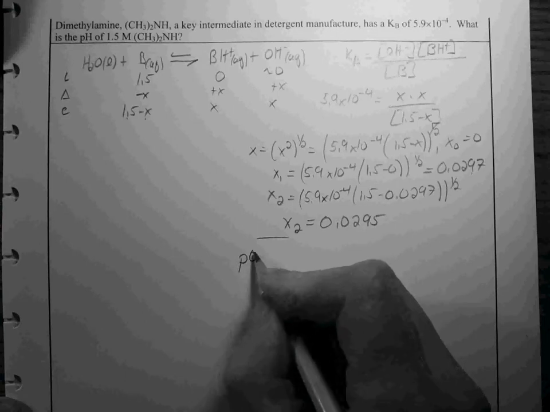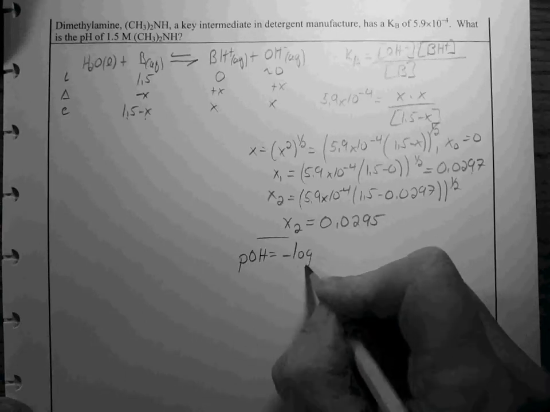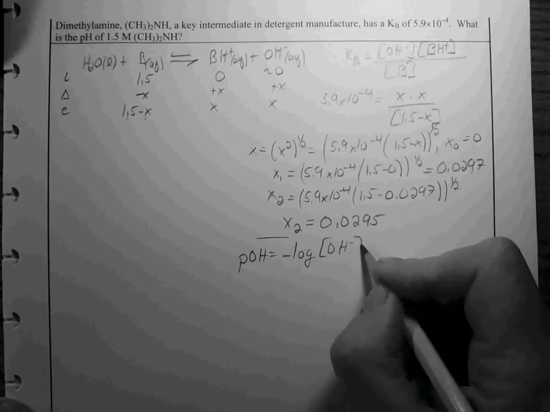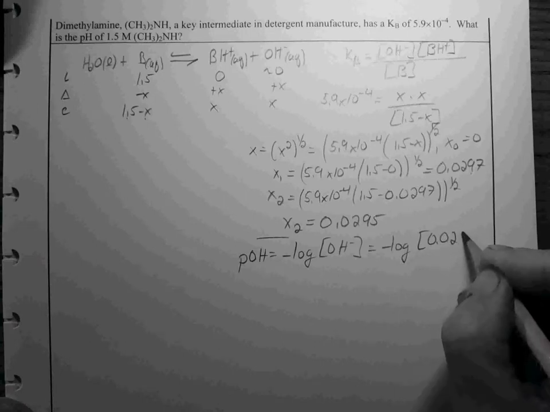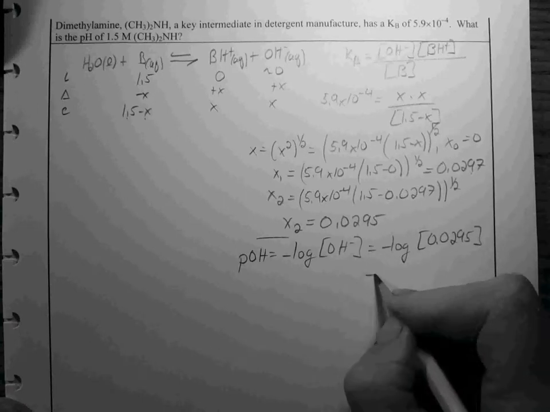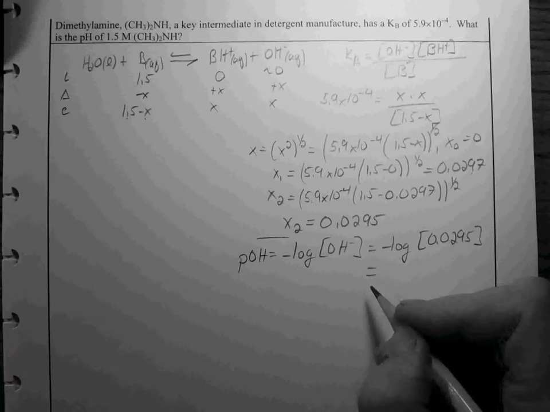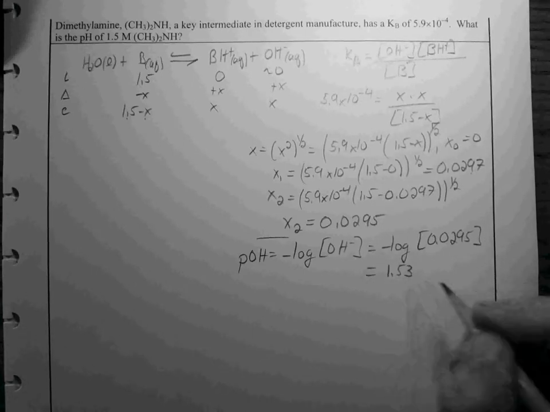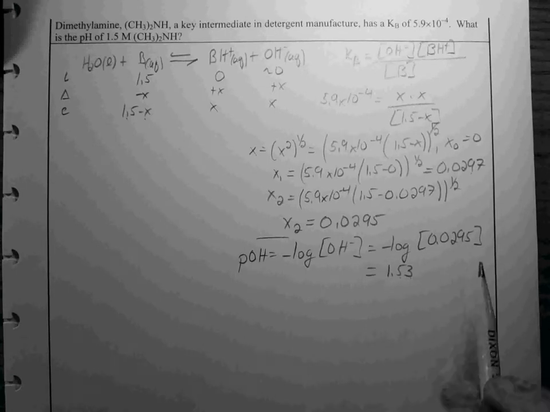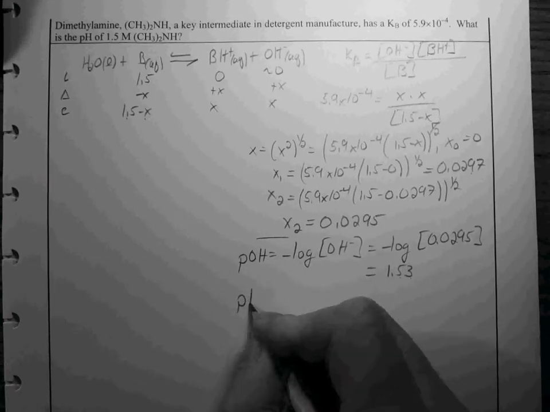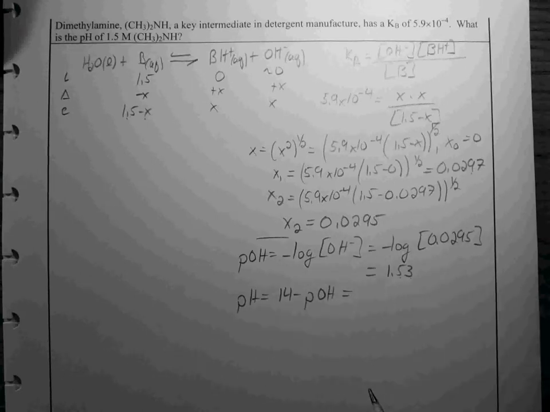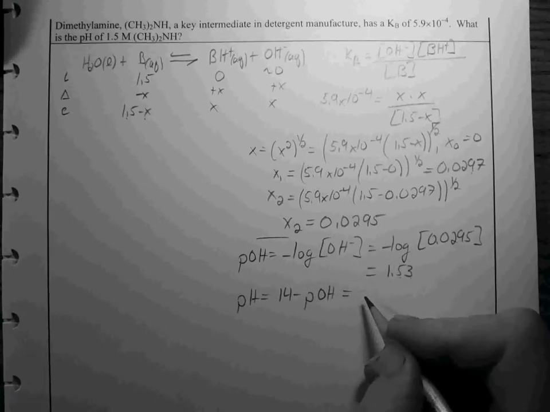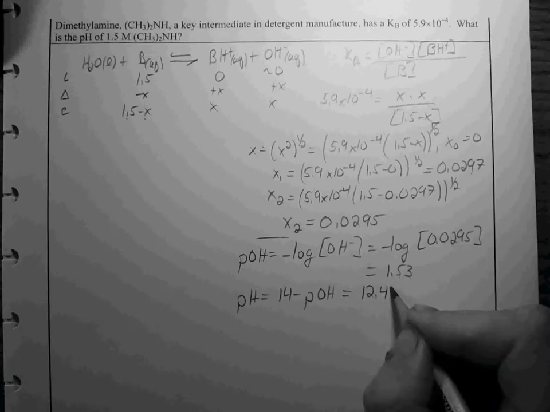I prefer to solve for pOH as our negative log of hydroxide ion, and we get our value of 1.53, 2 decimal places since we have 2 significant figures in our problem, and pH is thus 14 minus pOH since we're at 25 degrees C, and this would be equal to 12.47.